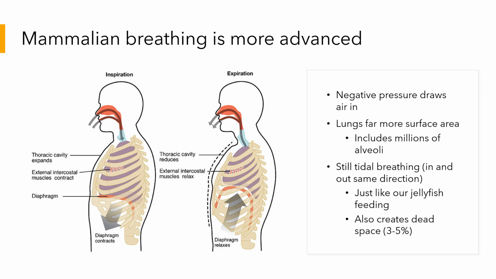And then conversely, to expel it, your diaphragm will push up, and that will push the material out of your lungs, and that will cause the material to be expelled out of your mouth. Okay? So this is a negative pressure system. The lungs also have far more surface area in things like mammals, and they have these things called alveoli.